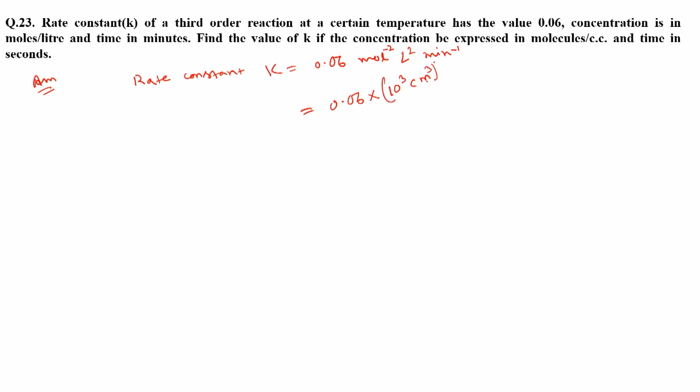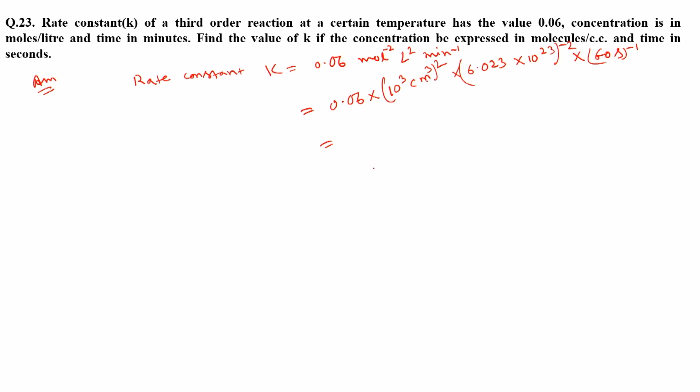Cube and square. So you have L square here, and then moles. Per mole is Avogadro number of molecules, so 6.023 times 10 to the 23, to the minus 2, and times minute is 60 second inverse.